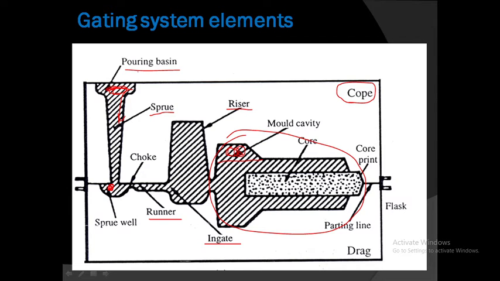So usually the pouring basin is made in the cope portion of the mold.